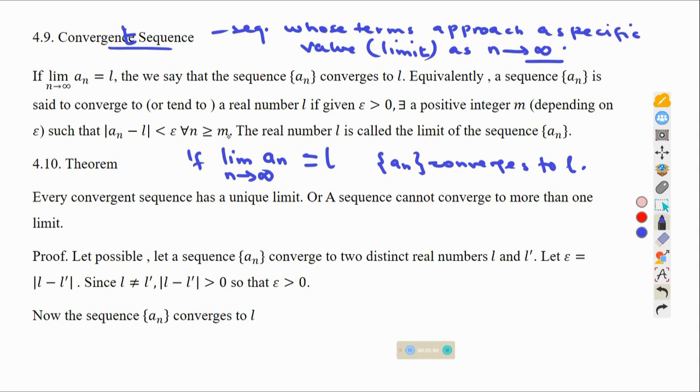So if the limit of an as n is tending to infinity exists and is L, then the sequence is a convergent sequence.